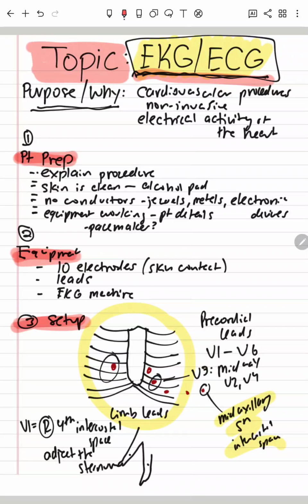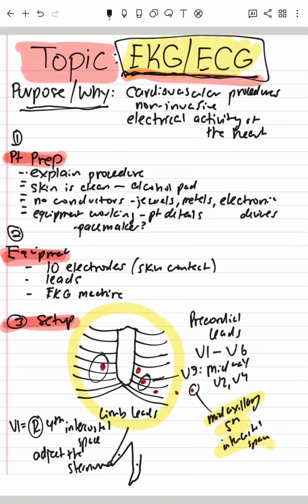And like I said, this could be used for procedures. If this was an anatomy or an organ section, then your outline is going to look a little bit different.